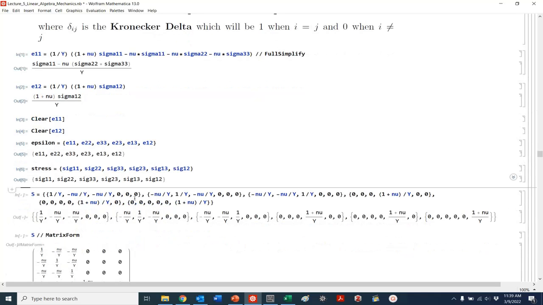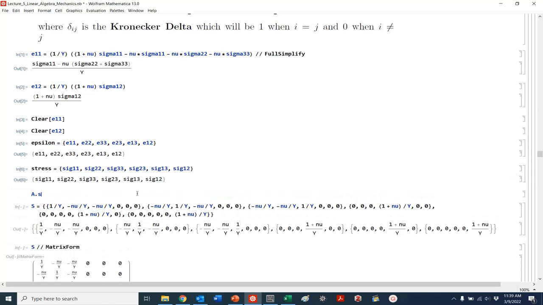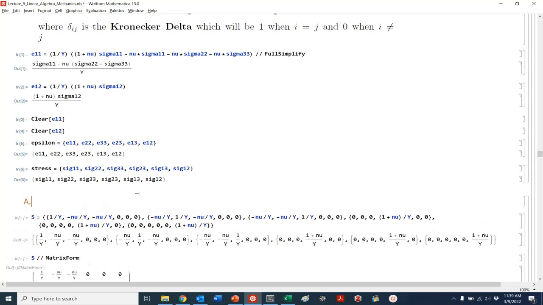In our old notation, a dot x equals b. So in this expression, my S dot my stress equals epsilon.